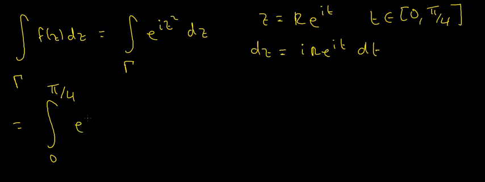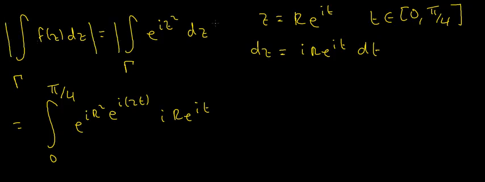The square of this term is going to be r squared e to the i 2t, and dz is going to be i r e to the it. By the way, I'm going to want to show that this goes to 0, so it might be helpful to try and estimate this. I'm going to put absolute value signs here, and you'll see why I'm doing that in a second. So this is going to be dt.